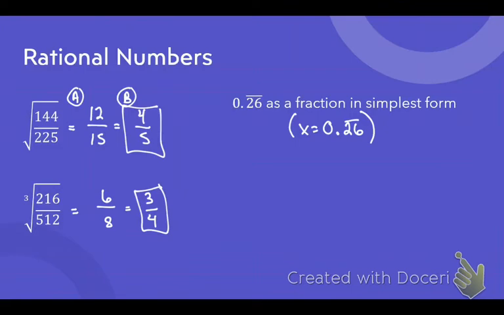How many digits do I have repeating? 2. So what would I multiply the equation by? 100. So you need to distribute the 100. Go ahead and do that and write your equation. Distribute the 100. 100 times x and 100 times 0.26 repeating.